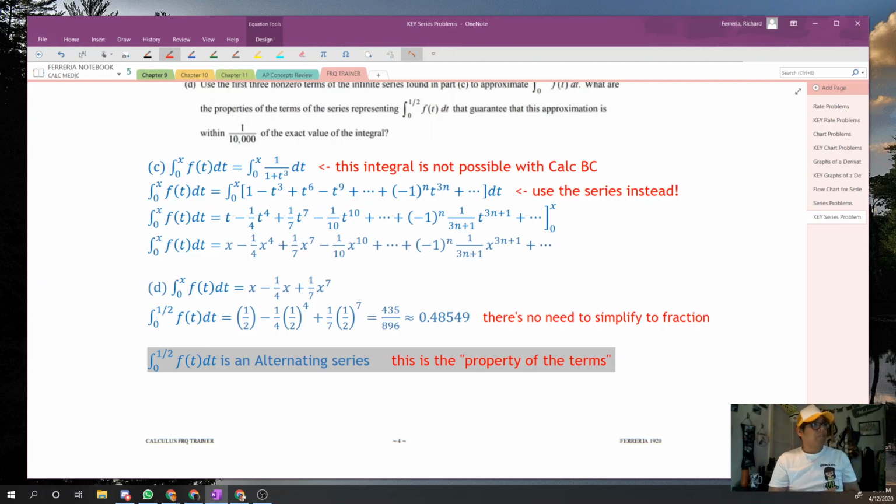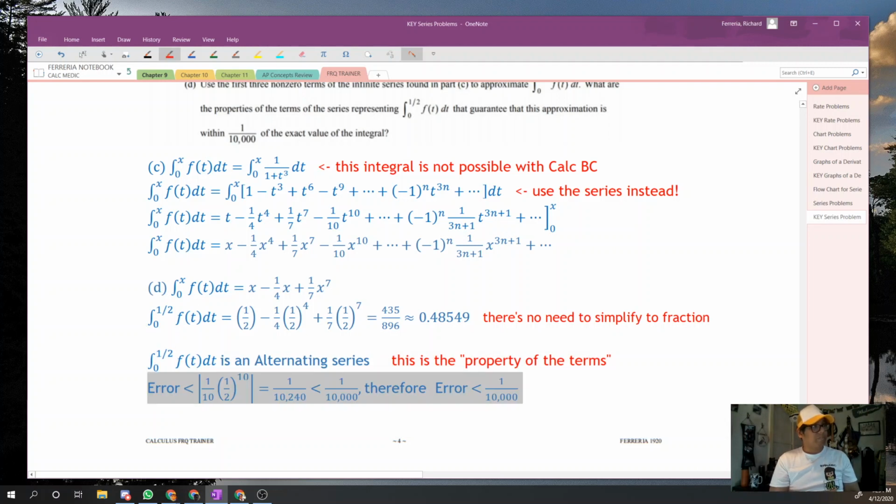The error for an alternating series is just the first unused term. Just like with that previous one, it's unlikely that they're going to ask you to evaluate 2 to the 10th power. It happens to be 1024, so 10 times that is 10,240, which happens to be less than 1 over 10,000. So the error is less than 1 over 10,000.